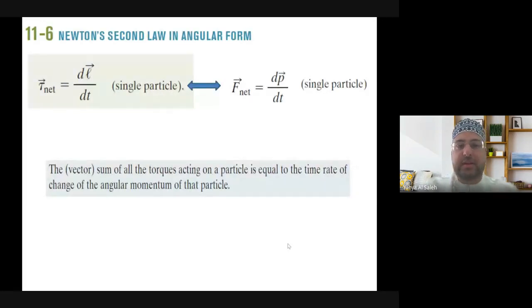Equally, the rate of change of angular momentum is the torque, which is force's cousin in angular stuff.